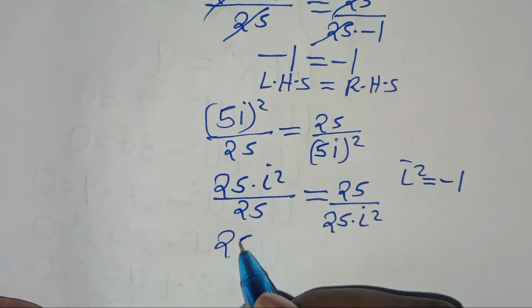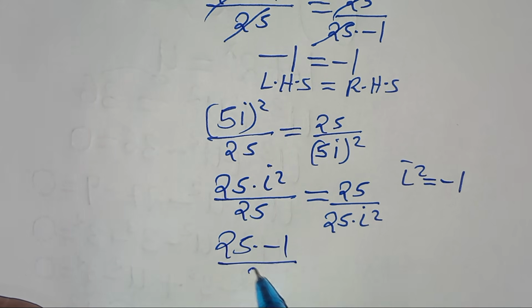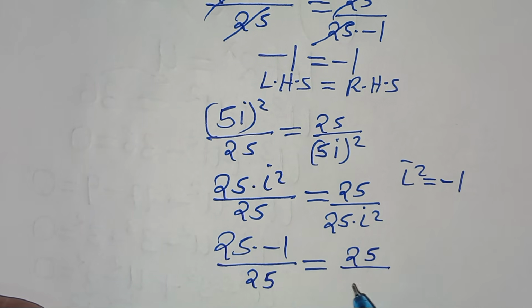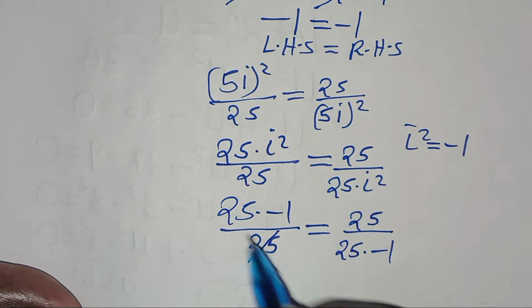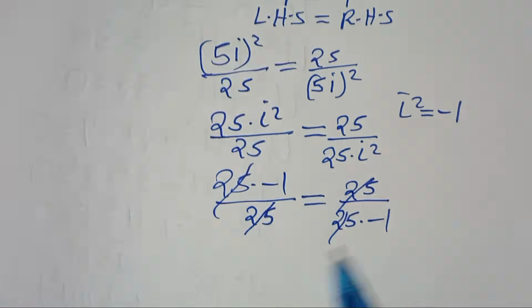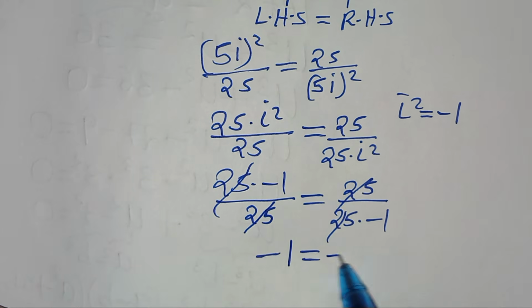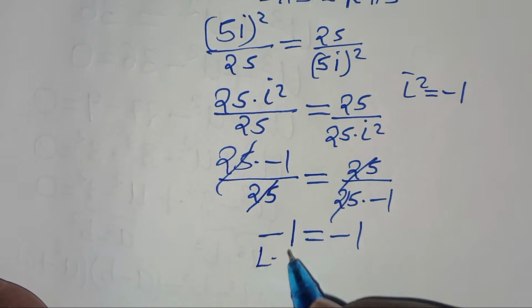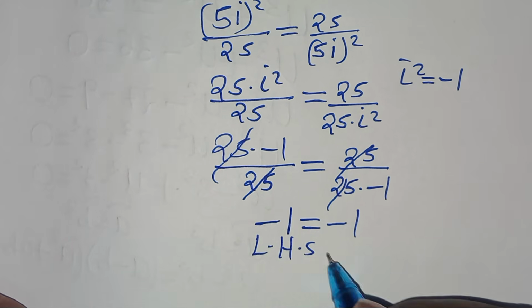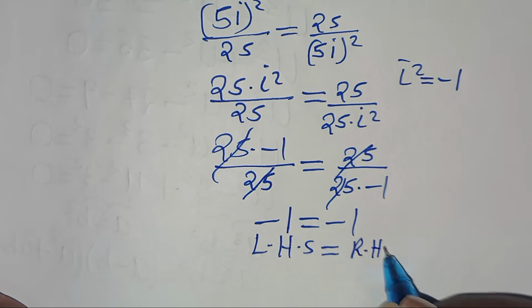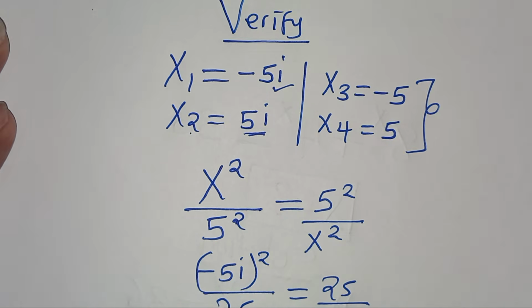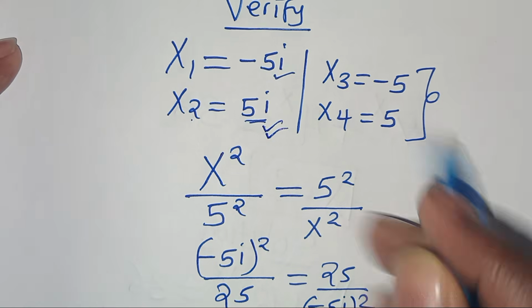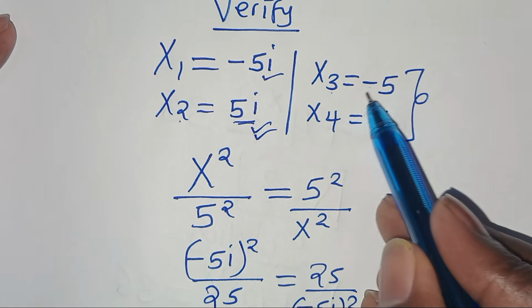So this is 25 times negative 1 divided by 25, which is equal to 25 divided by 25 multiplied by negative 1. Let's simplify here so that negative 1 is equal to negative 1, and this implies that the left hand side is equal to the right hand side, and this proves that x2, which is equal to 5i, satisfies the equation.